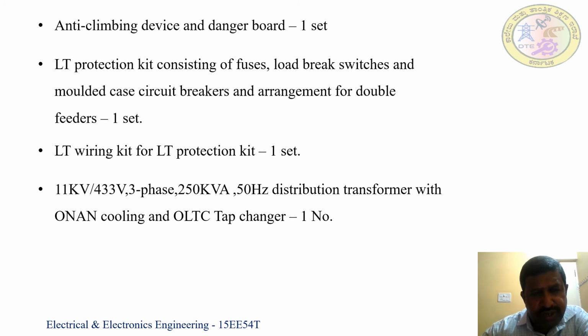Total quantity is one set. Next material is LT wiring kit for LT protection kit. The quantity is one set. Next, the distribution transformer. The specification is 11 kV, 433 volts, 3 phase, 250 kVA, 50 Hz distribution transformer with ONAN cooling and OLTC tap changing distribution transformer. The quantity is one number.